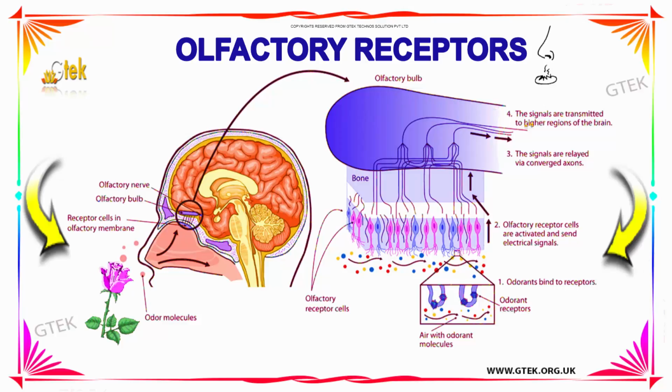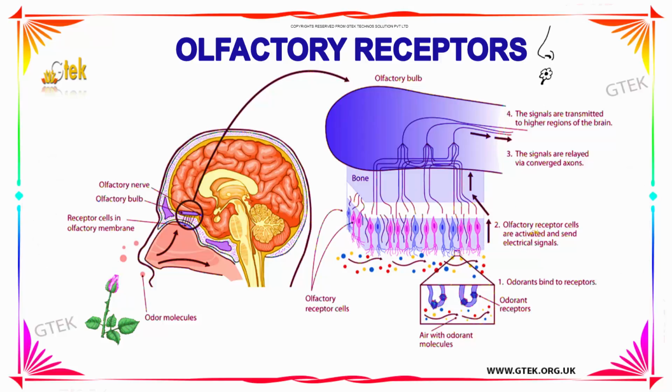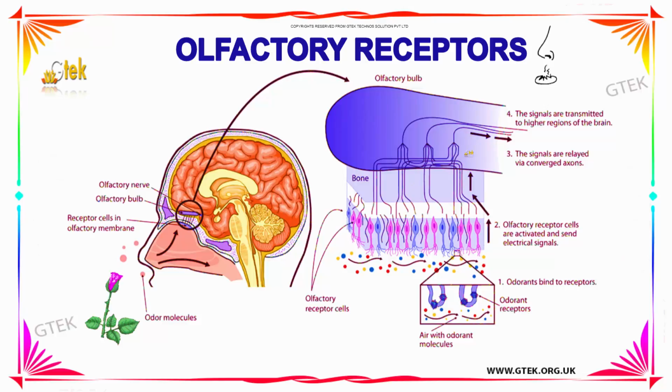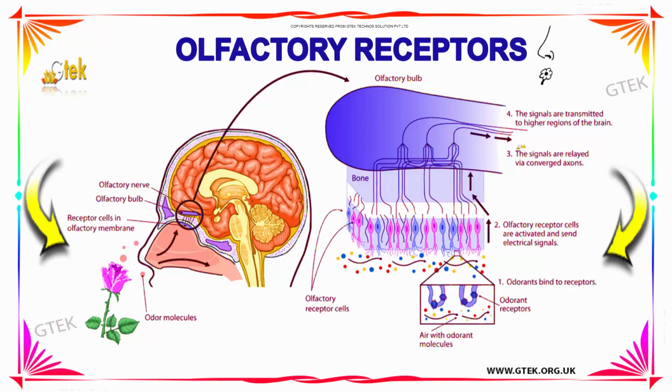The olfactory bulb will be activated and the receptor cells will send the electrical signals via your bone to the converged axons. Your converged axons carry the signal, and the signals are transmitted to the higher regions of the brain, which will sense the smell.